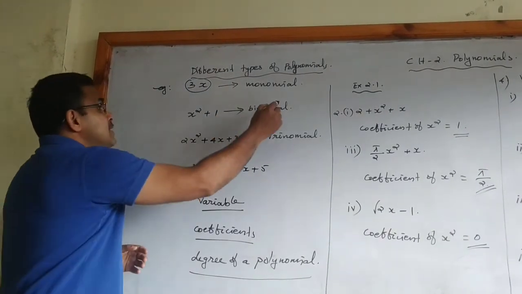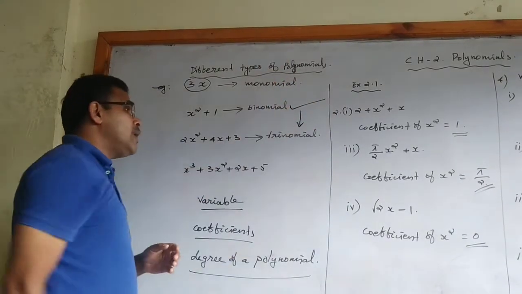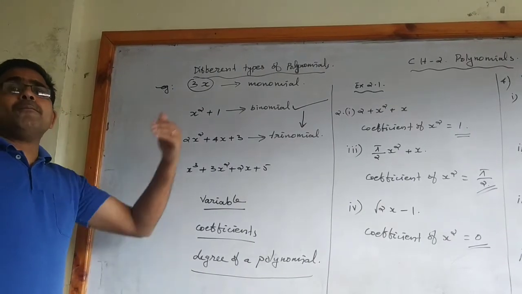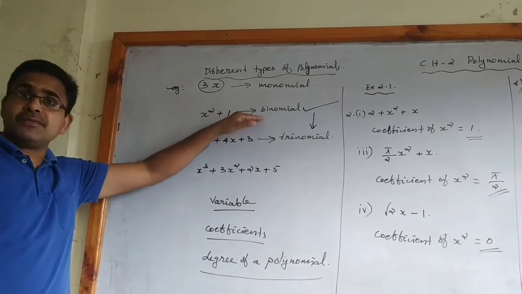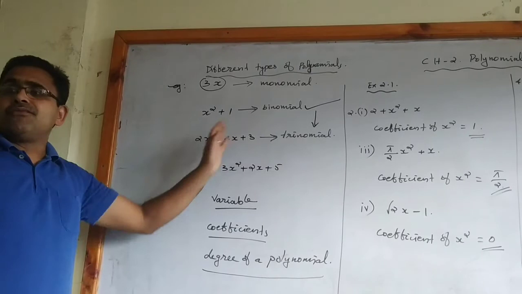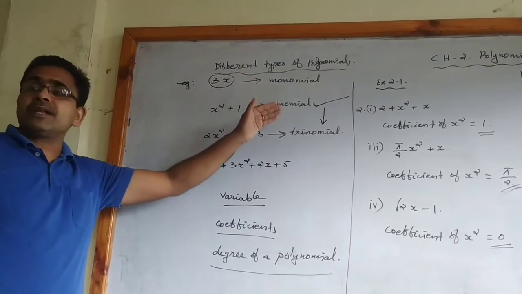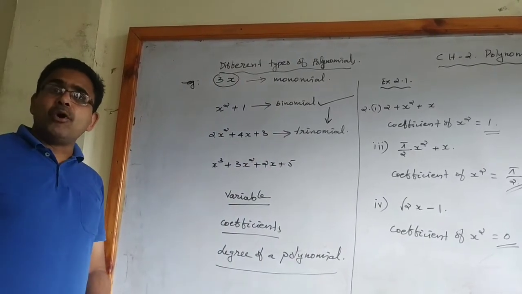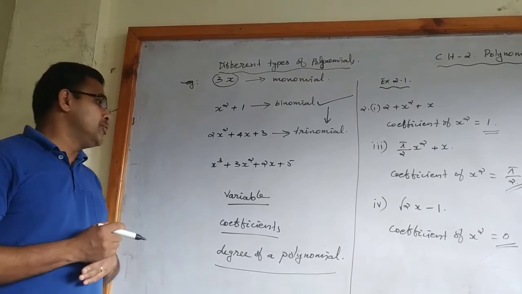In that case, binomial onwards, all the expressions we can call polynomials. A binomial, a trinomial, four terms, five terms, whatever the number of terms, all together we call a polynomial. Poly means many, many terms. That is the meaning of polynomial.